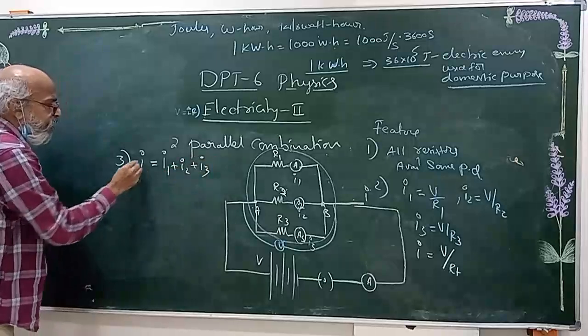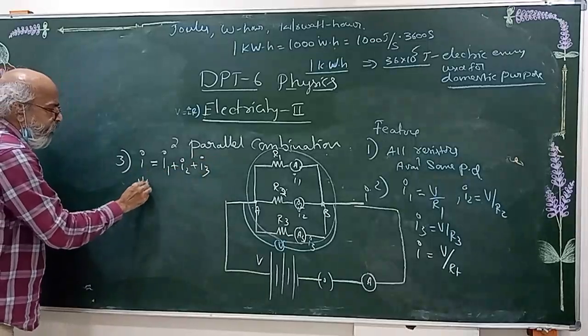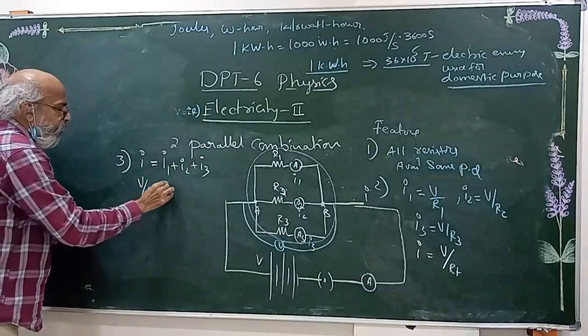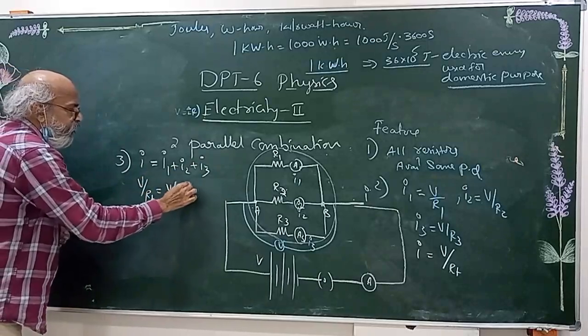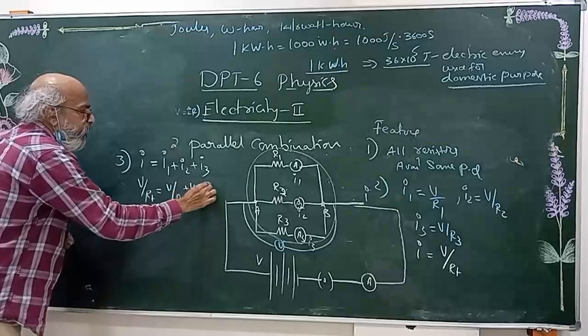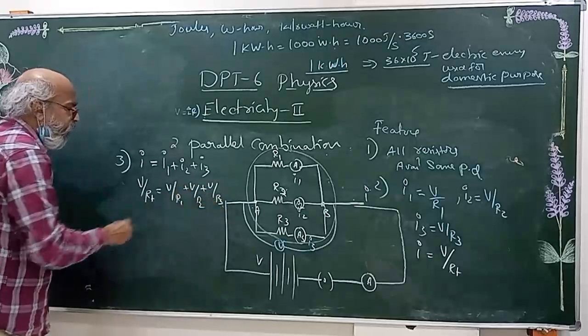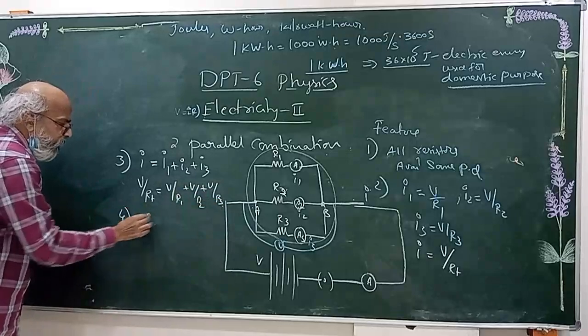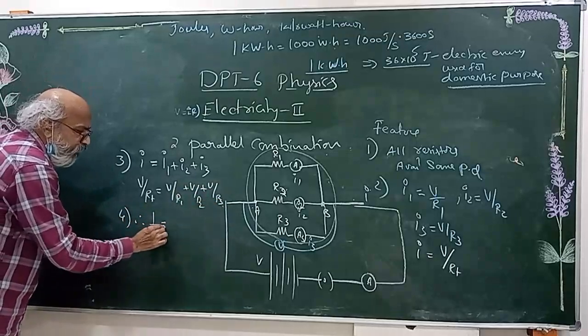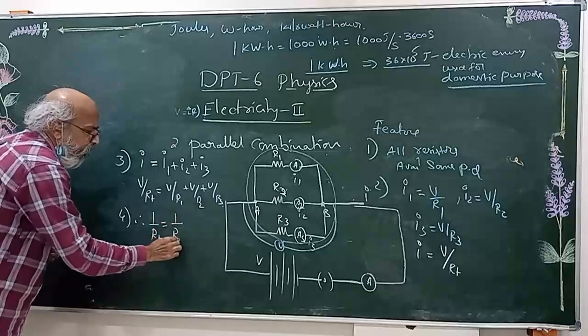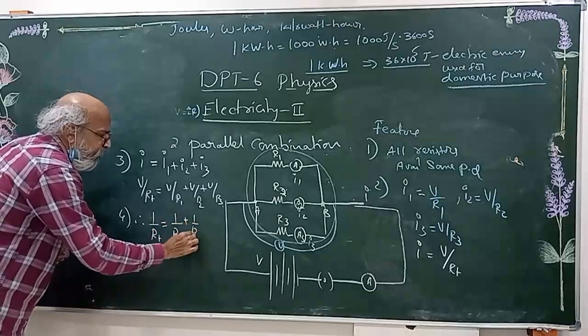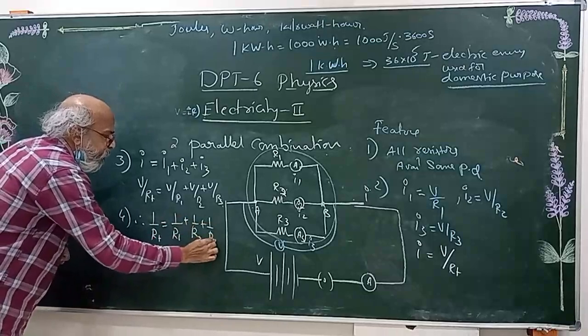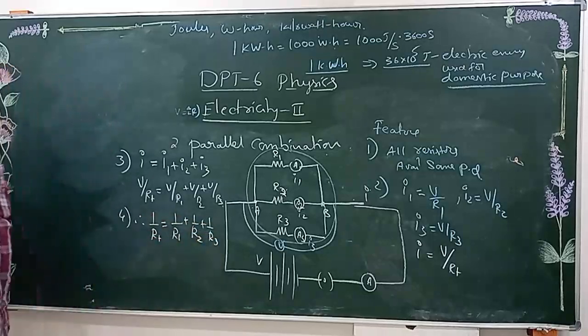Therefore, substituting these values, we get V by RT is equal to V by R1 plus V by R2 plus V by R3. Therefore, 1 by RT, the reciprocal of total resistance, is equal to the sum of the reciprocals of individual resistances. This is a very, very important third feature.